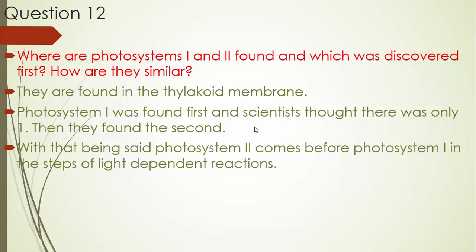Scientists didn't want to confuse anybody, so they said, hey, we'll leave photosystem 2 called photosystem 2 because it was discovered second. So with that being said, photosystem 2 comes before photosystem 1. It is called photosystem 2 because it was discovered after photosystem 1. All right, and that's how they're similar. They both deal with absorbing light.